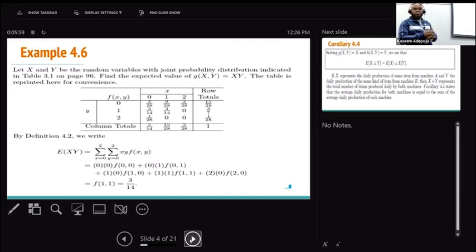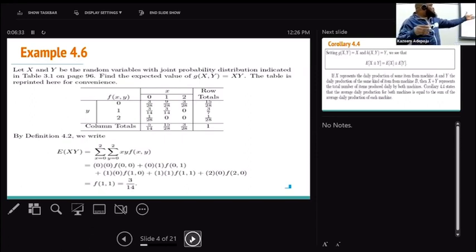In each sum, I consider the state space of the random variable, 0 to 2, 0 to 2, as displayed. Don't forget, whatever you have inside the expectation is what acts as the random variable. What we have inside the expectation here is the product of X and Y, and that is the random variable XY.